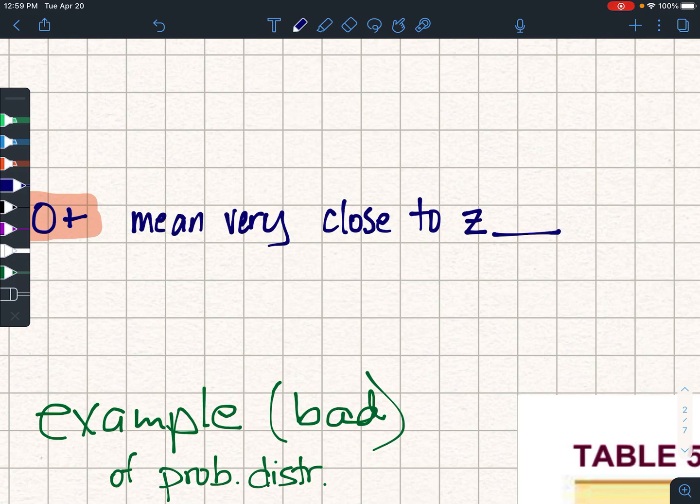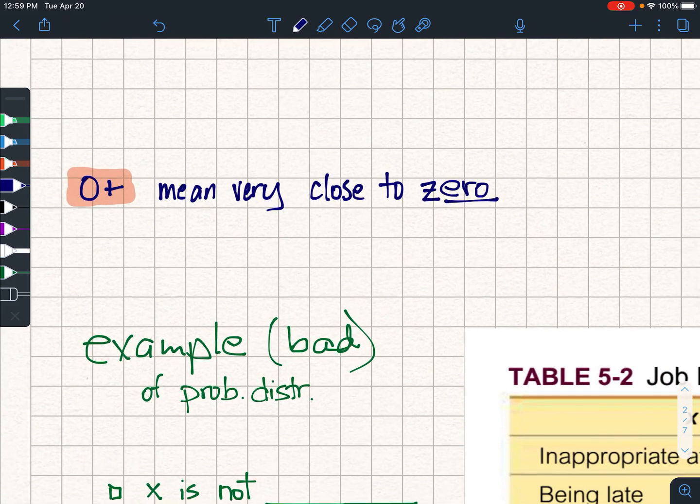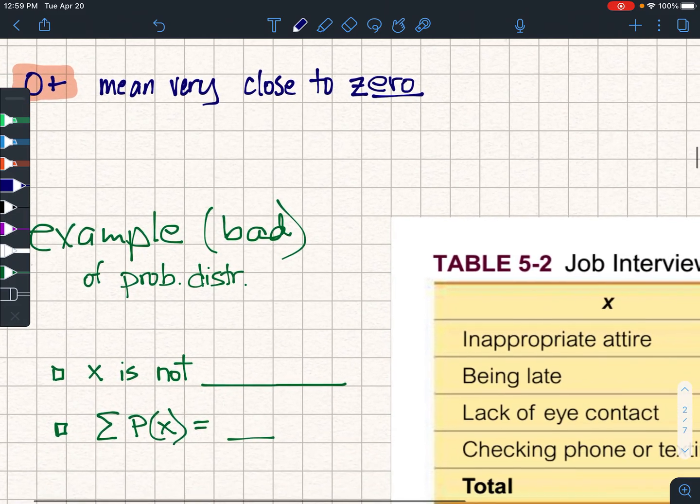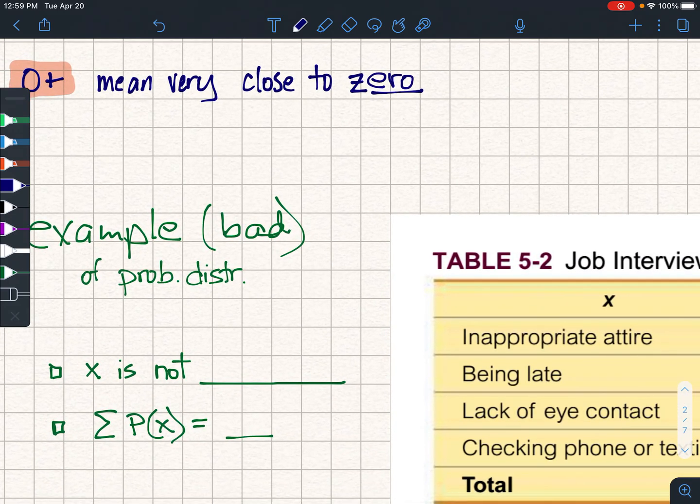And it just means that our value, our probability in particular, is really close to 0. And it's a very negligible distance away. We don't want to round it to 0 and say that the probability is 0 because that would be an incorrect interpretation. But 0 plus just means you are really, really close, okay? Beyond our rounding values, so to speak.